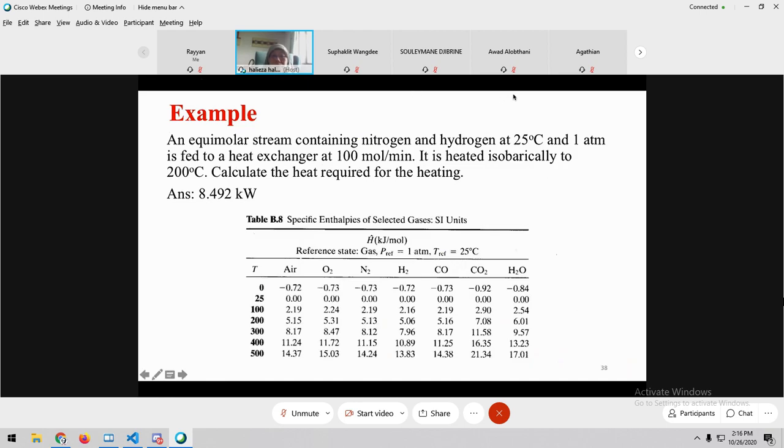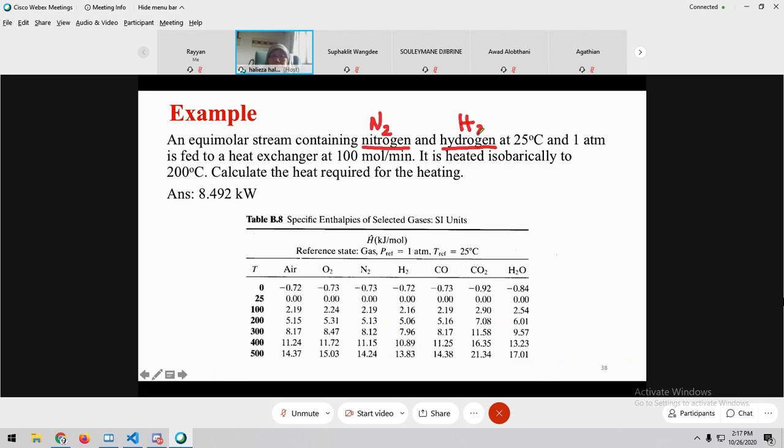Whenever you have a mixture, if you need to calculate the energy balance, you need to look at the components. This is nitrogen, this is hydrogen. They are both gases, N2 and H2. Structurally, they are very similar.